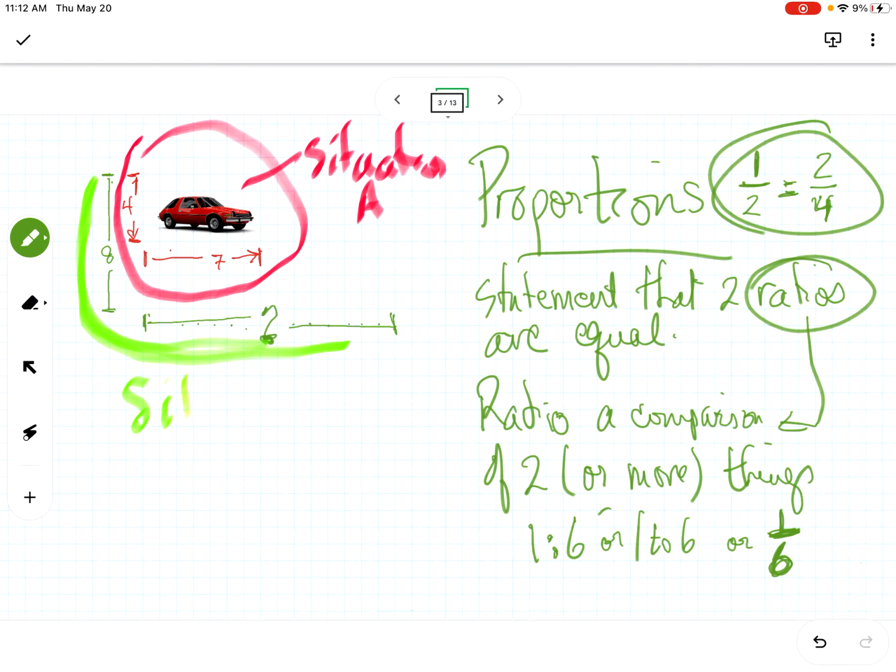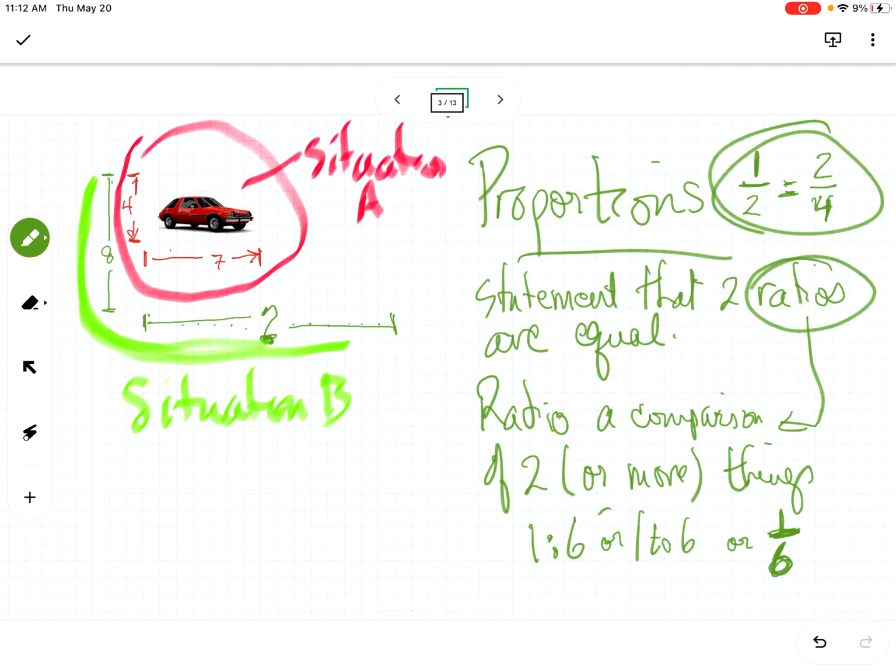We have situation B. Situation A is the original drawing of the car. Situation B is the stretched or enlarged image of the car. So that's the first characteristic we look for to know if a problem can be solved using proportions. Does it have two situations?